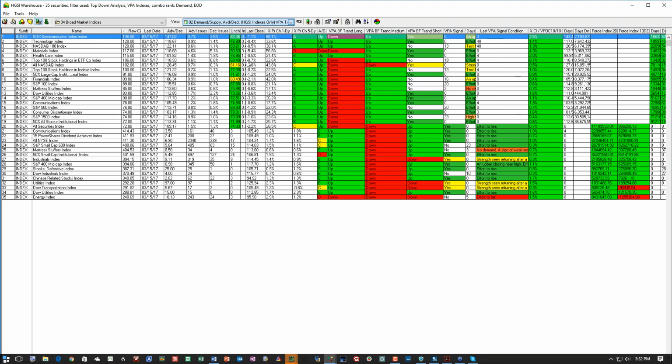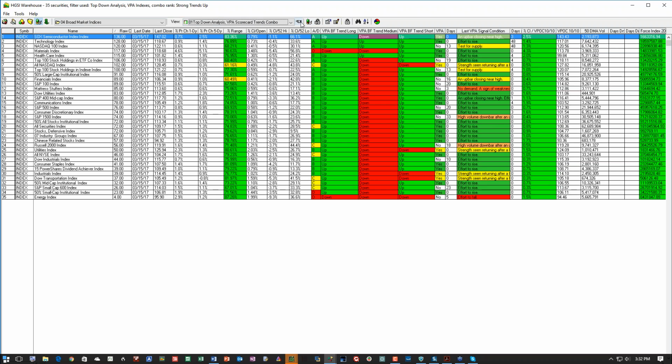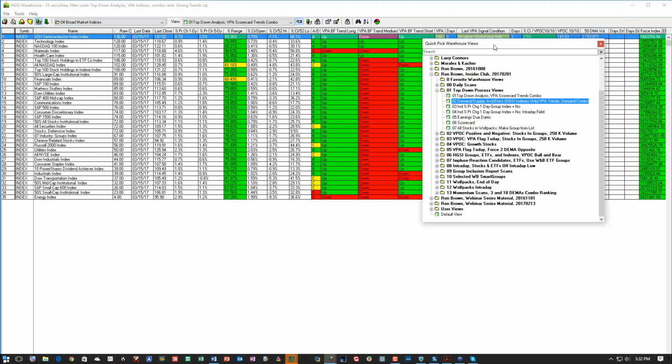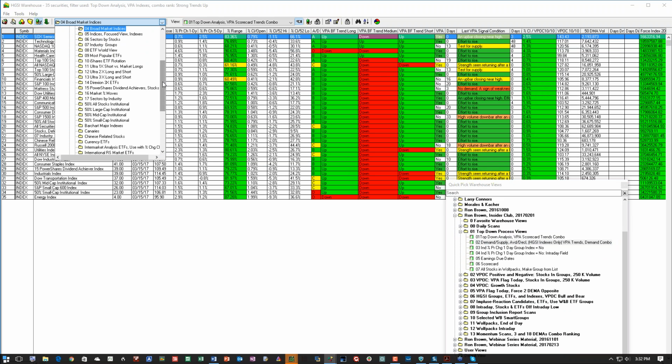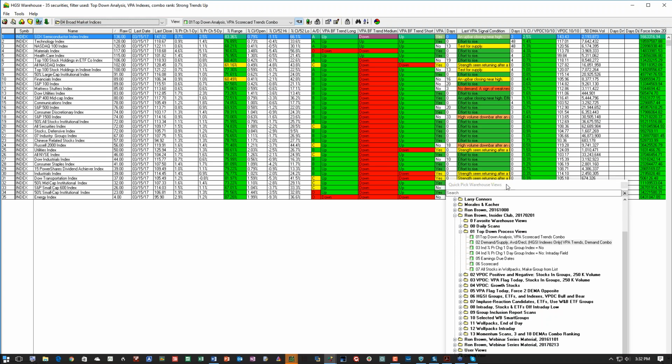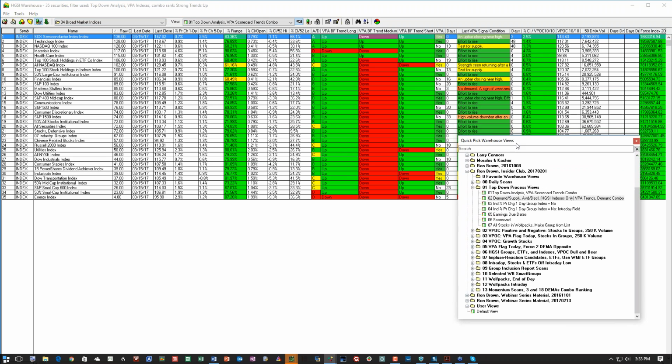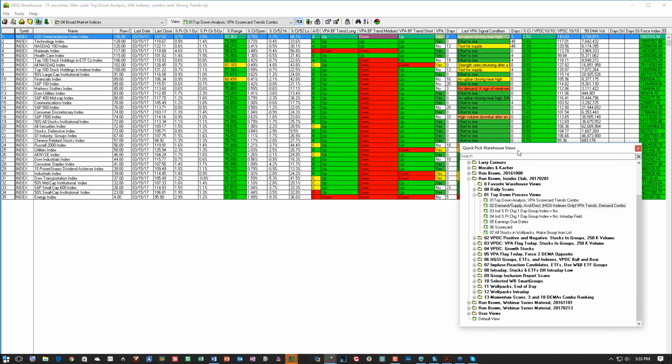The indexes I'm using are in my broad market indices folder under the Woodward and Brown user groups. This is primarily where I do my market analysis, or a lot of it, because these indexes can be built by HGSI both end of day and intraday. And I have all the information I need right here to get a good feel for the market.